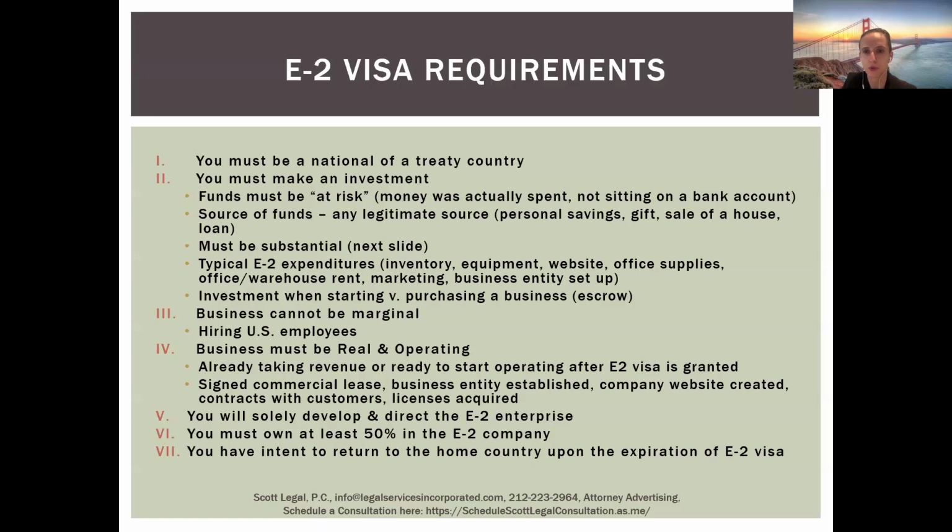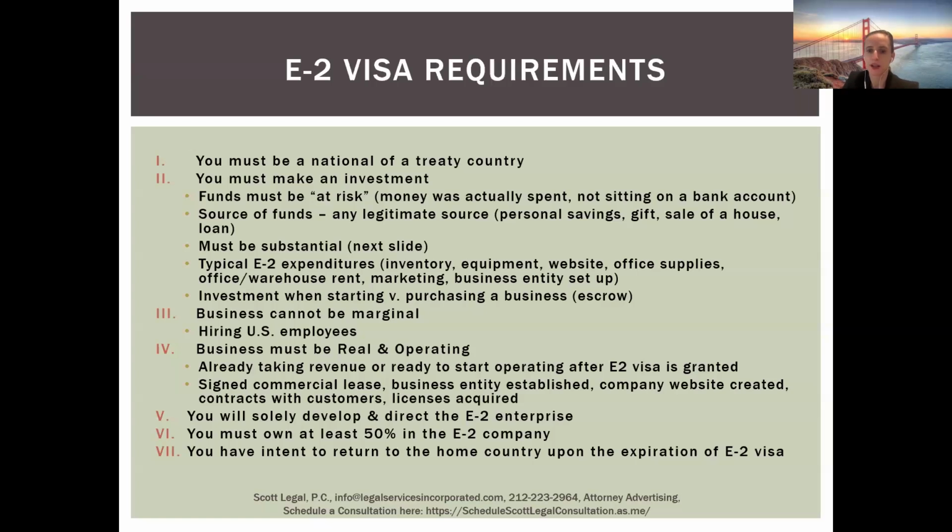Then the E2 would not be an option for you, because for an E2 we do have to show that you will have an active role in the operations of the company. Generally you would want to show that you will have a high executive or managerial role in the business, and then you will have employees doing the actual client work or admin work and things like that.